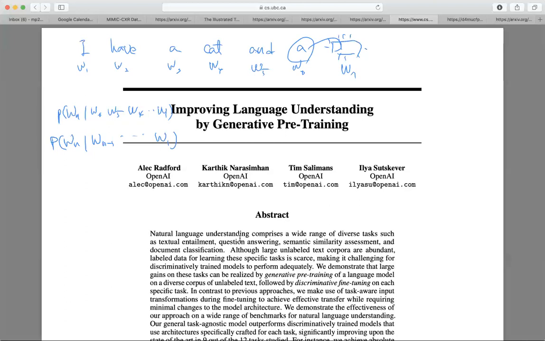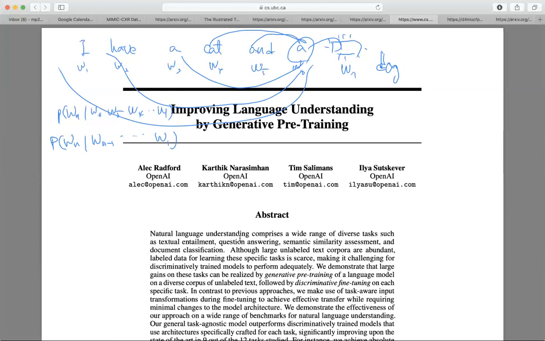But if you start expanding the span to the previous 2 words, 3 words, 4 words, 5 words, 6 words, then it's pretty obvious that W7 is very likely to be dog, right? Because cat and a dog. There's a very strong association between cat and dog. So that's basically what language modeling is.